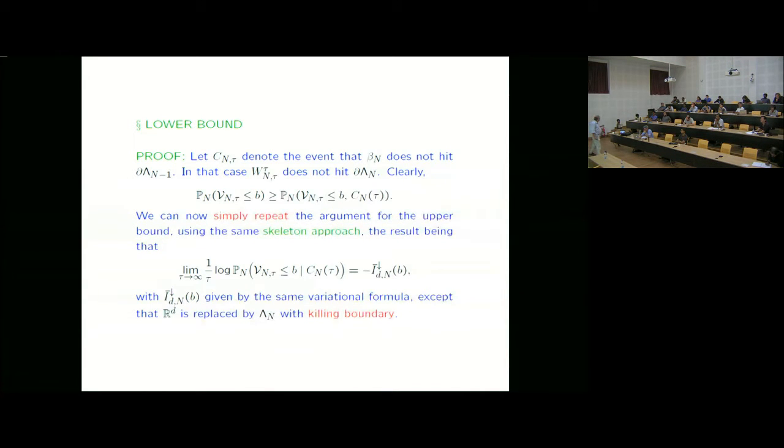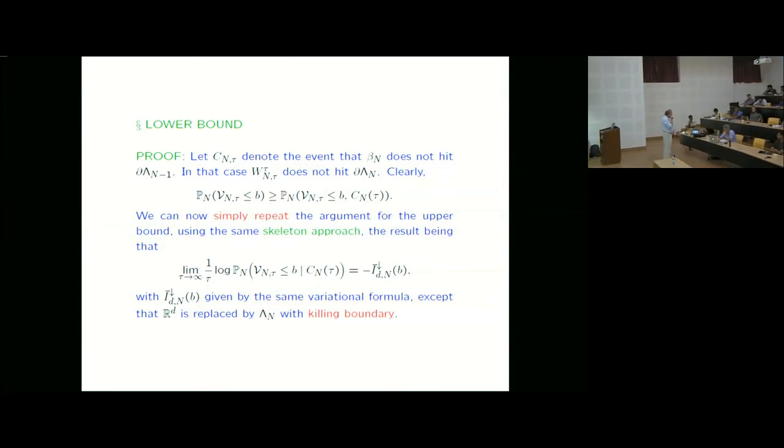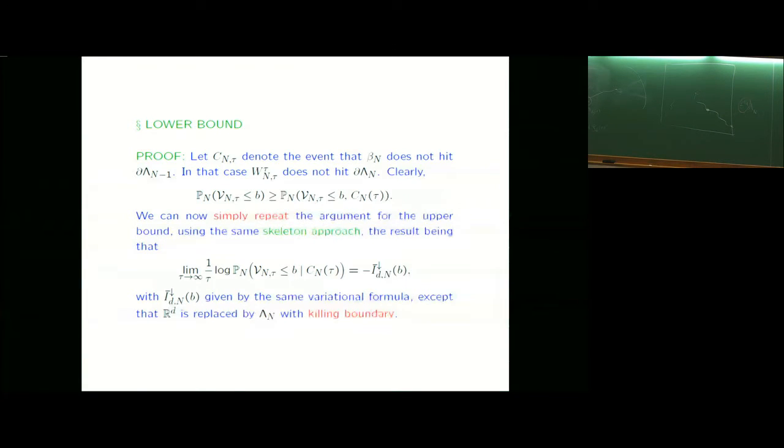So what now happens if I do everything I did before for periodic boundary conditions, but I just do it now for killing boundary conditions? Works perfectly fine, because all the computations I was doing were completely local and looking at what was happening here and how I would manage to hit a very small ball somewhere locally.